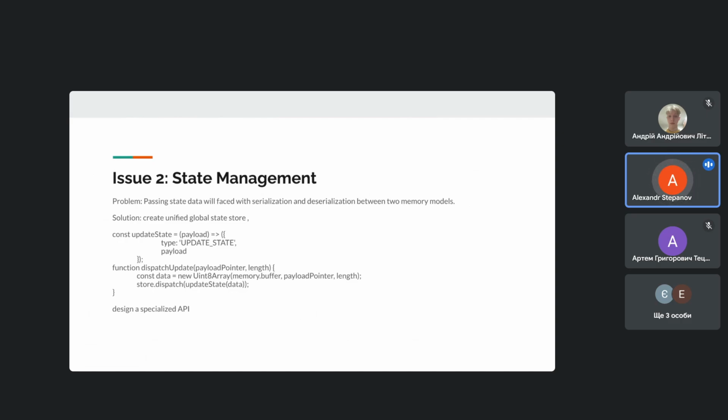One of them is to use a global state store, for example, Redux or something similar, or the context API in React, and so on. That's one of the possible solutions, and another one is a specialized API that we can call to pass the data.